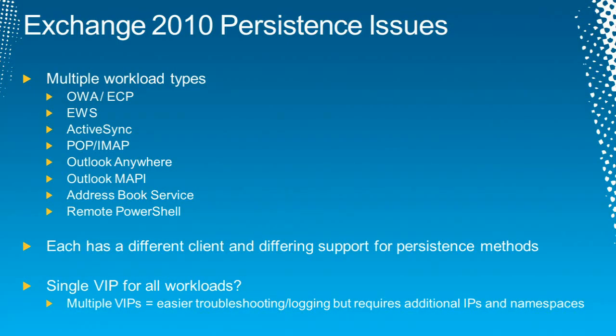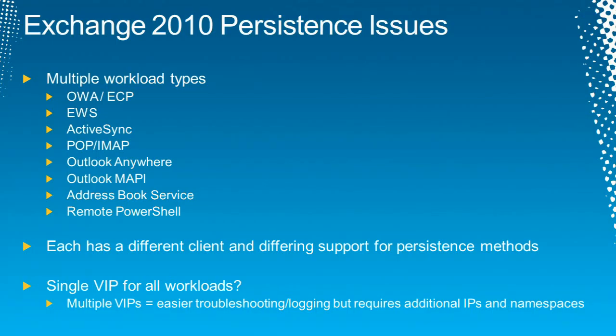All of these client types coming into Exchange, or these Exchange protocols, have different requirements around persistence and stickiness. And so therefore, carving up our concept of VIPs and how we assign persistence has to be done on a per Exchange workload basis. This also comes into the question of, do we use a single VIP for all the workloads?